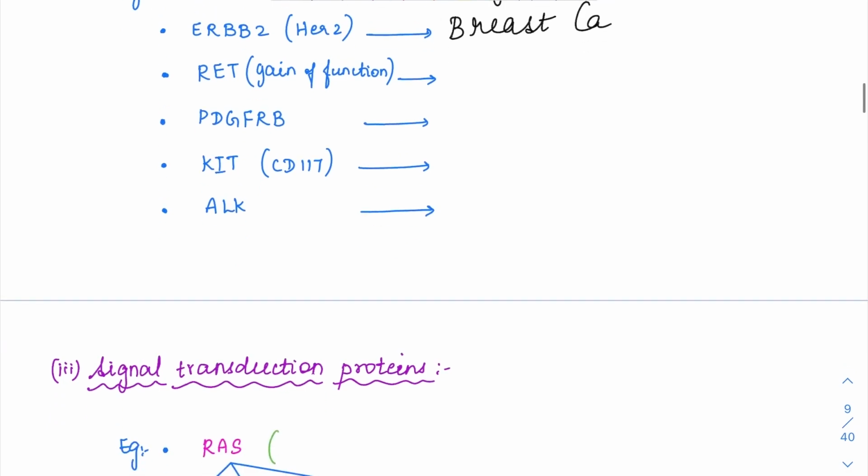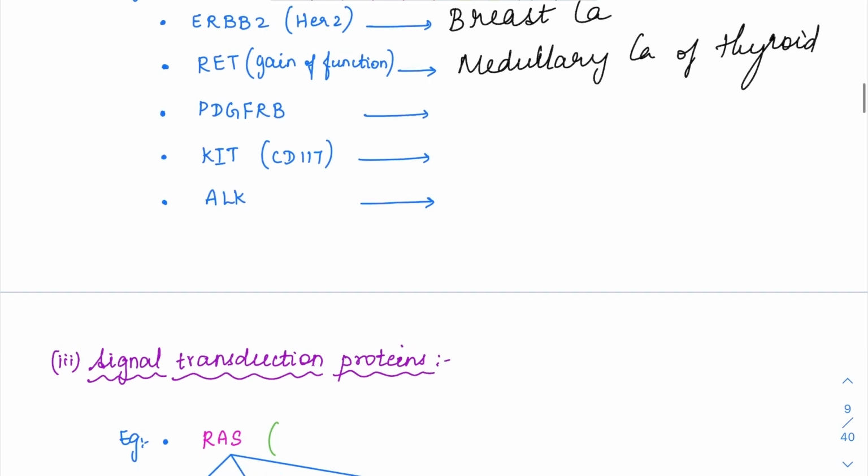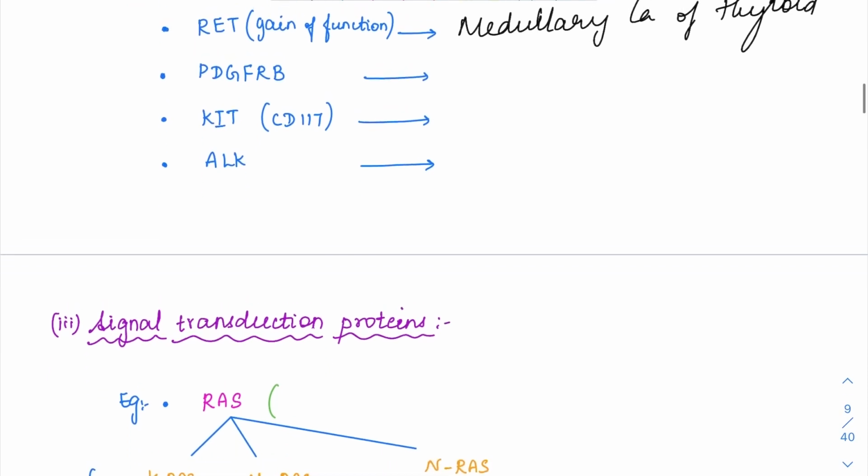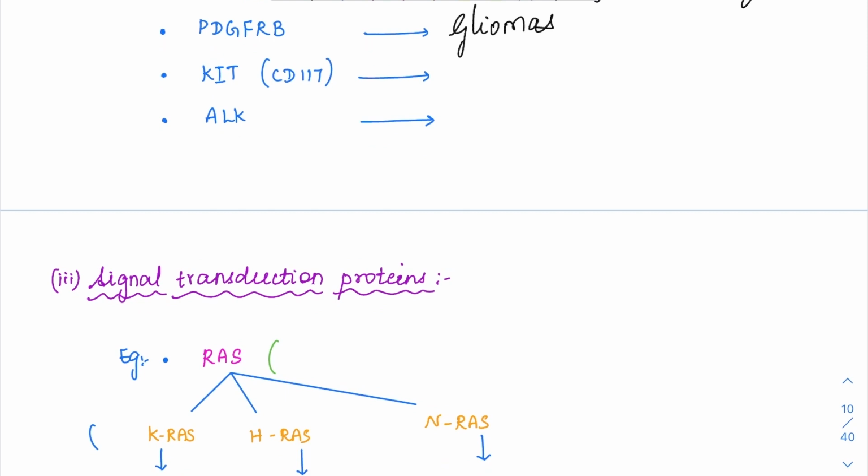Then gain of function mutation of the RET oncogene is going to be seen in medullary carcinoma of thyroid. In fact, we see the same gene mutated in the MEN2 syndrome also, right? And then we have PDGFRB. Again, like the PDGF growth factor, it is going to cause gliomas. Then KIT mutation, KIT is also called CD117.